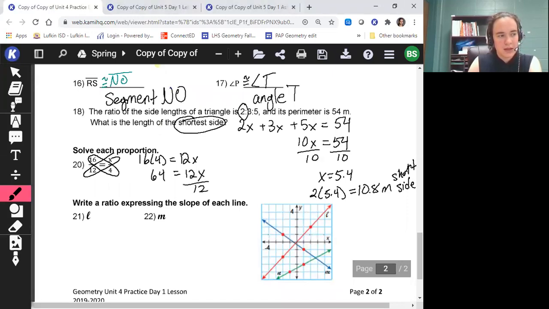And then divide by 12 on both sides. And that gives us 16/3 once we reduce our fraction.